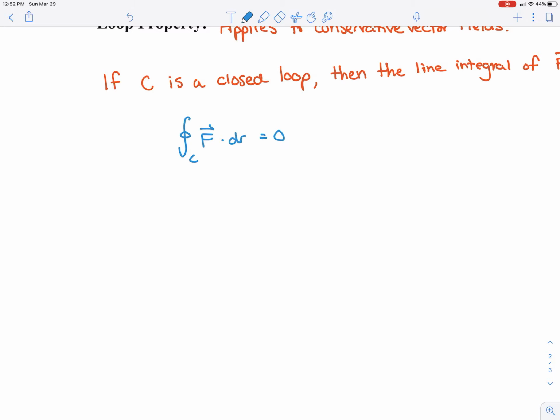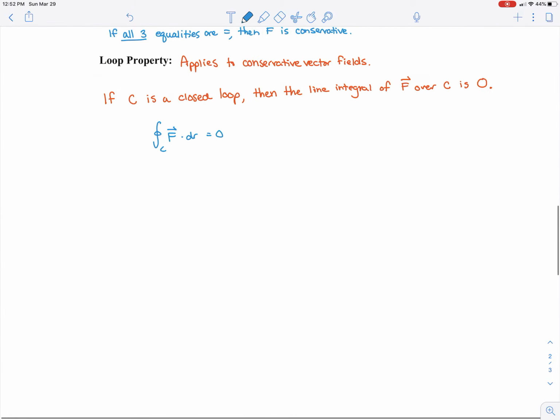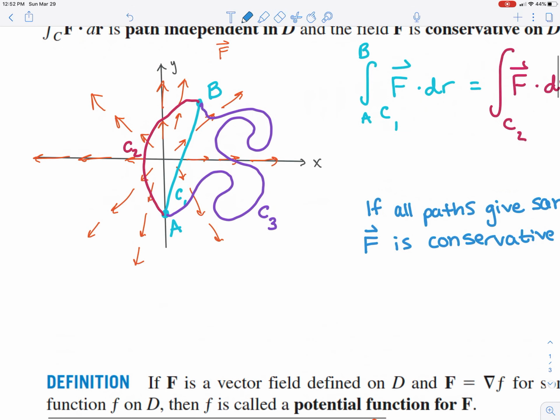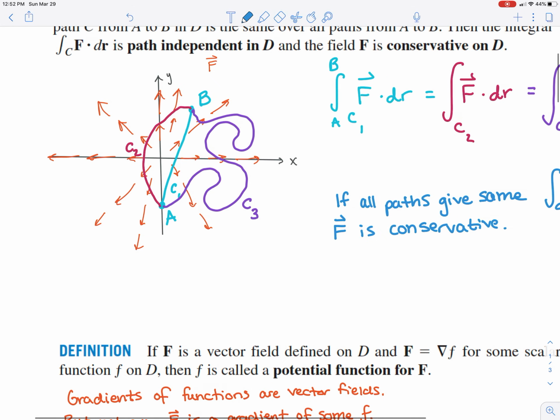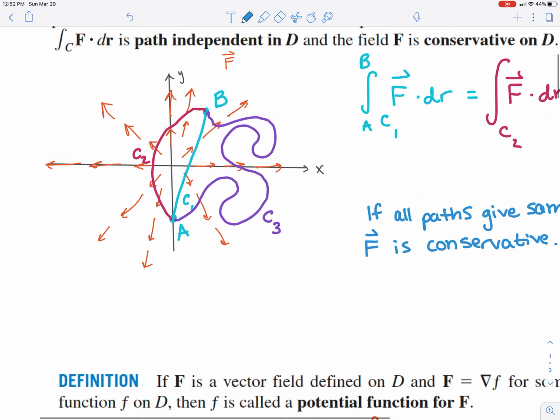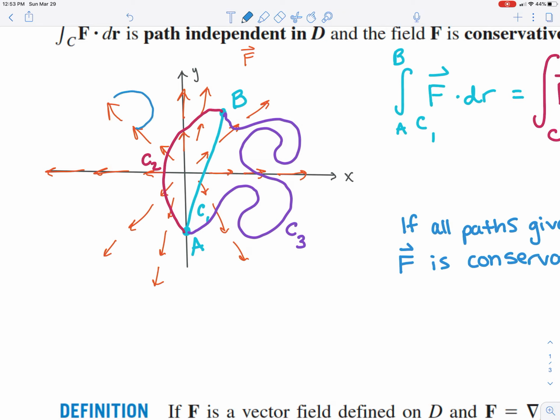And that's true because if you remember from up here, if we're on a conservative vector field, it's path independent. So take, for example, a closed curve, maybe like this, where that point is both A and B. The starting and end point is the same because it forms a closed loop.